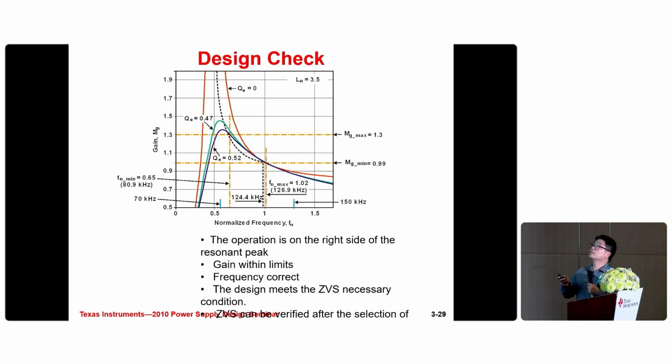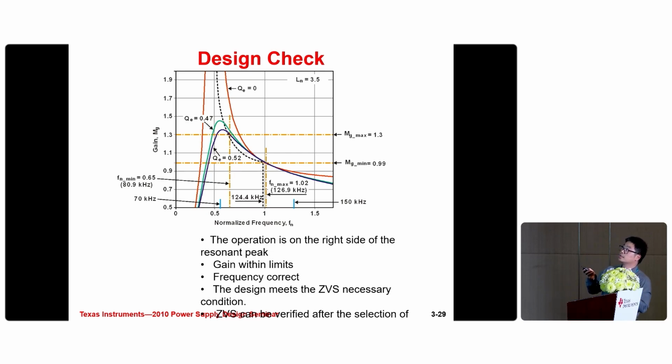And this one is about the gain plot. We used the equation mentioned before to get this plot, and we can say that with the parameters we get, the converter can work very well.